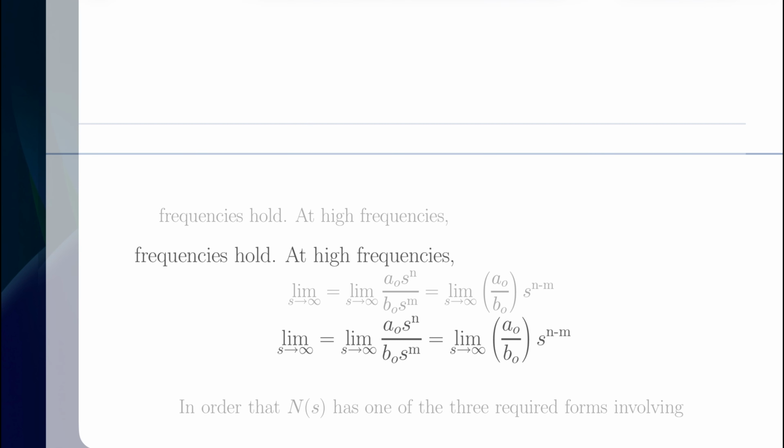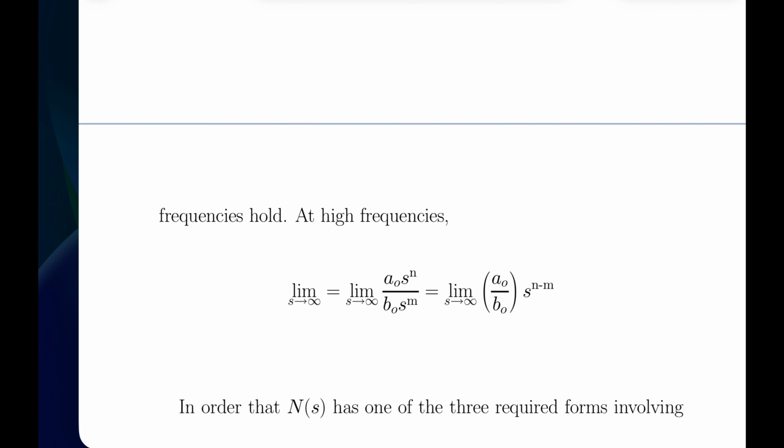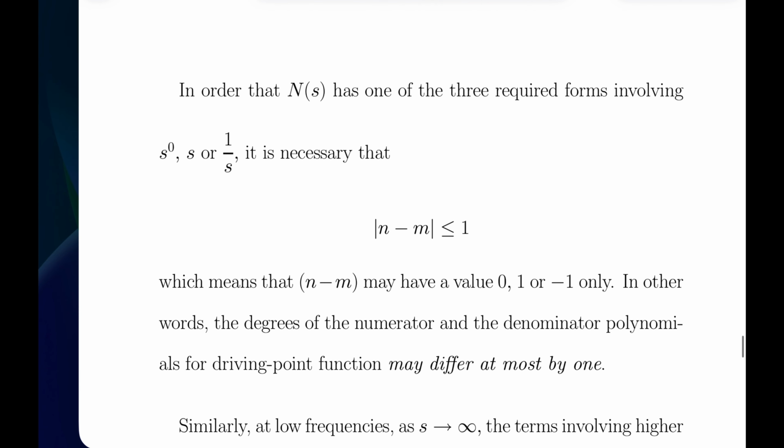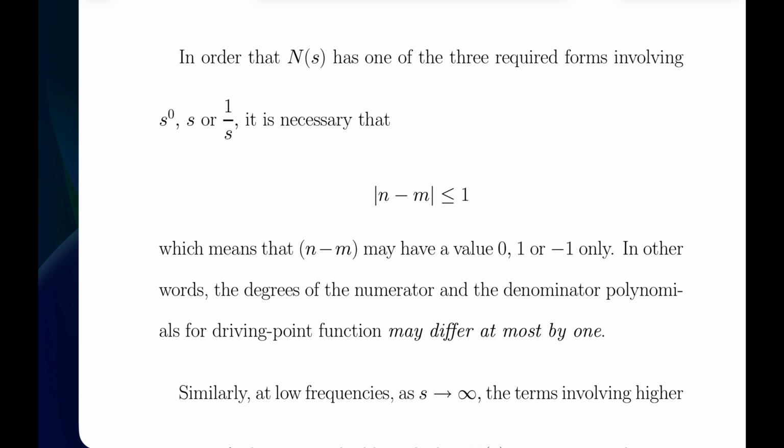In order that N(s) has one of the three required forms involving s to the power 0, s or 1 upon s, it is necessary that the mod of n minus m is less than or equal to 1, which means that n minus m may have a value 0, 1 or minus 1 only. In other words, the degree of the numerator and the denominator polynomials for a driving point function may differ at most by 1 only.